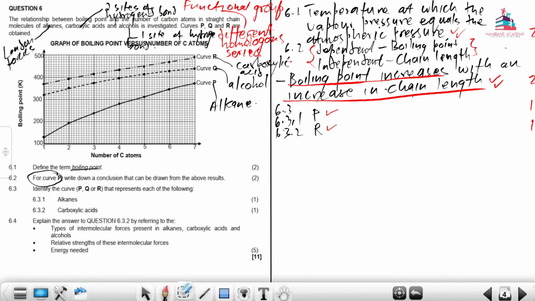Then 6.4. Explain the answer to question 6.3.2 by referring to the type of intermolecular forces present in alkanes, carboxylic acid, and alcohols.